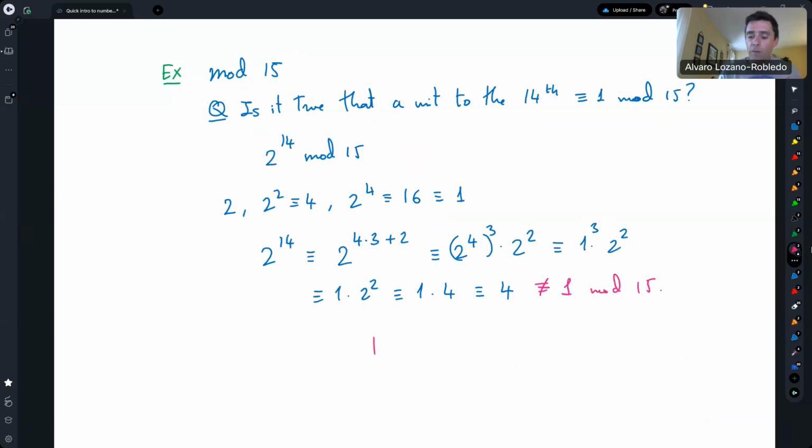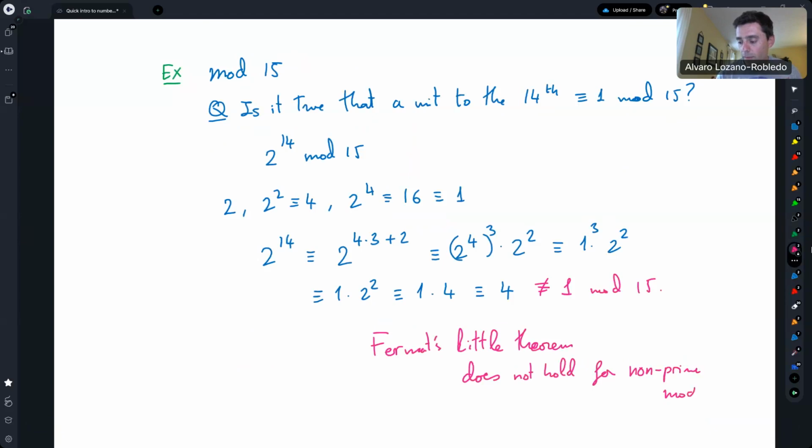So Fermat's little theorem does not hold for non-prime moduli. What is true, though, is Euler's theorem, which is something else.